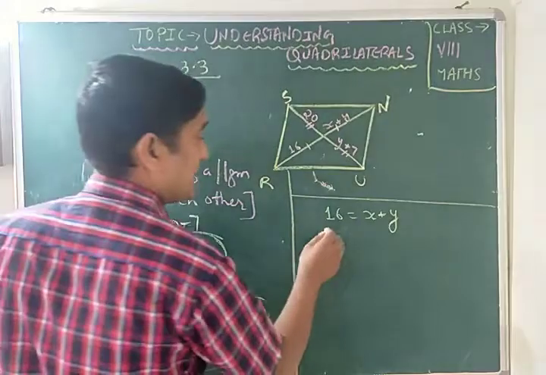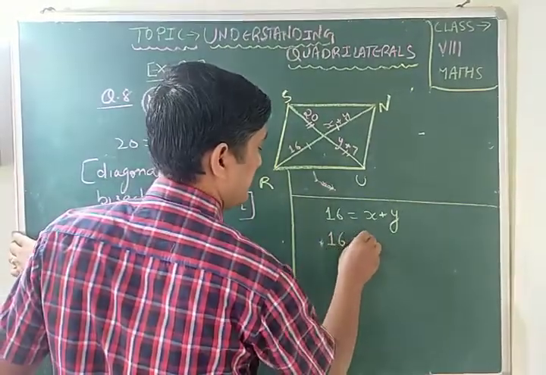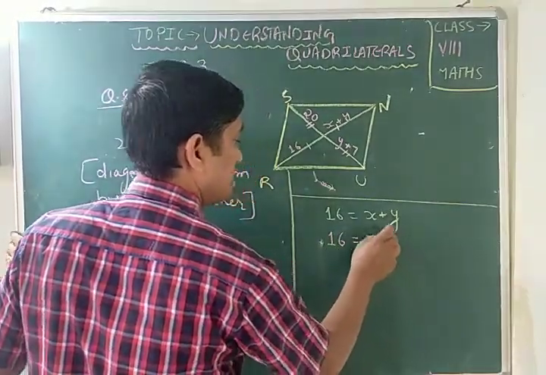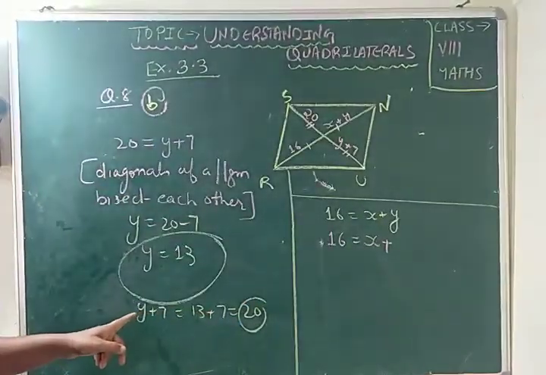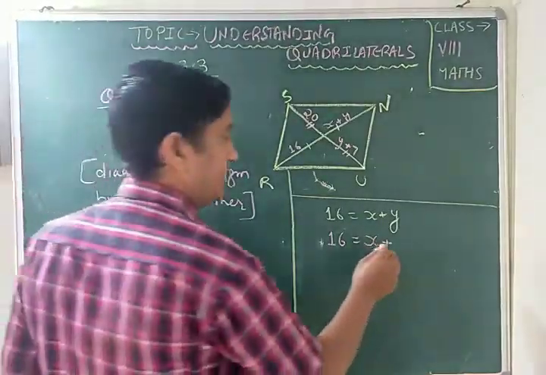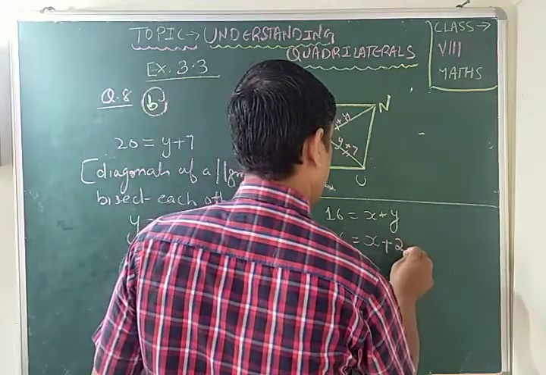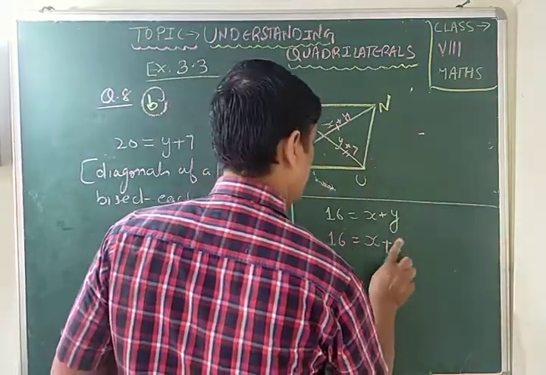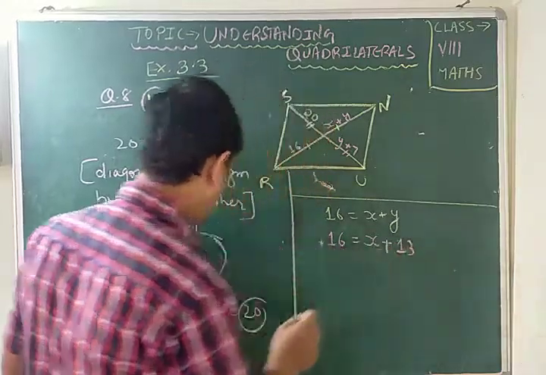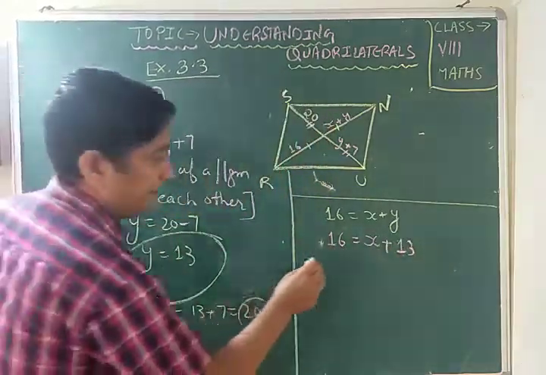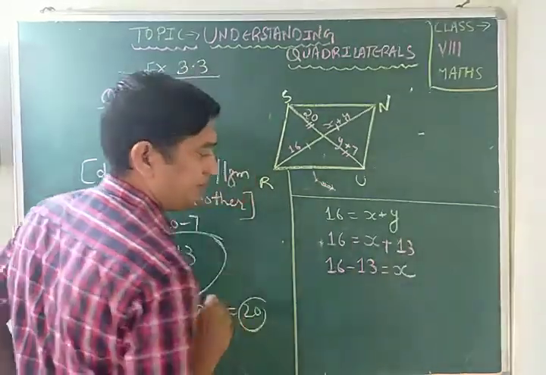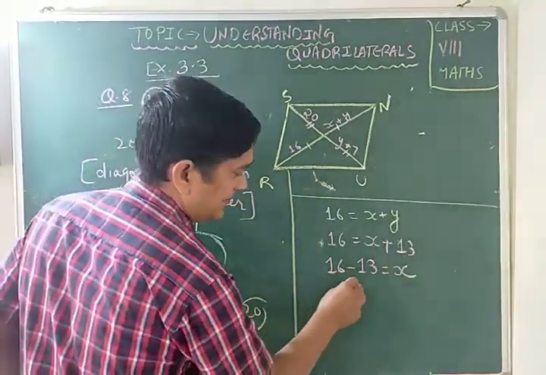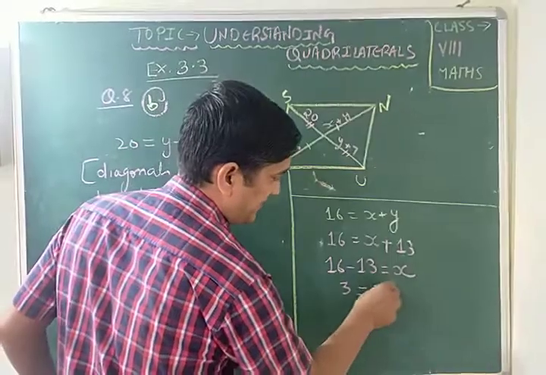Now it becomes 16 equals x plus y. Now children look, the value of y is what? We found the value of y is 13, not 20, it's 13. So it becomes 16 minus 13, and 16 minus 13 is 3.